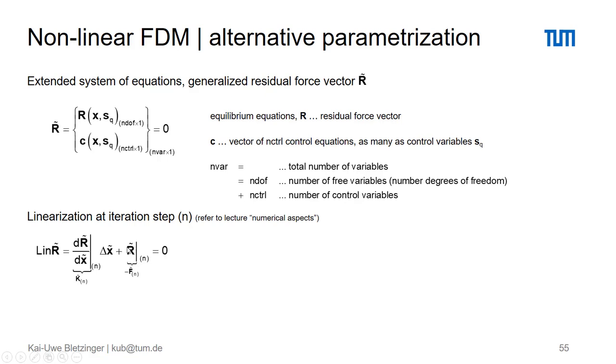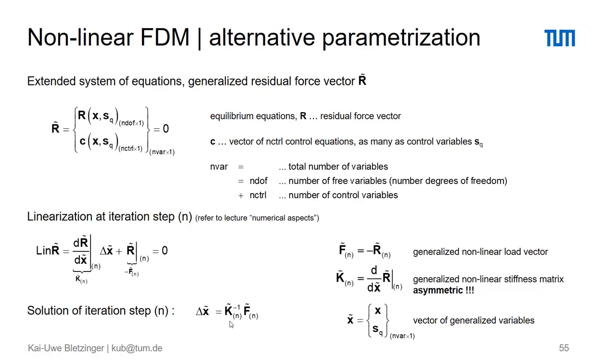The negative of the generalized residual force vector is the generalized nonlinear force vector. Then we can solve for the update of the generalized variables in step n by multiplying the generalized nonlinear force vector by the inverse of the generalized stiffness matrix, and arrive by iteration at the final solution.